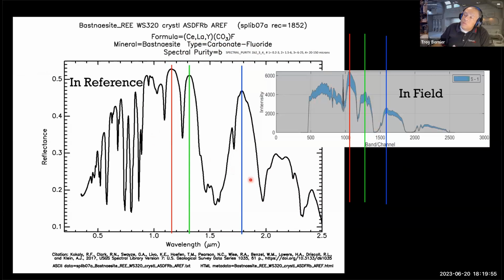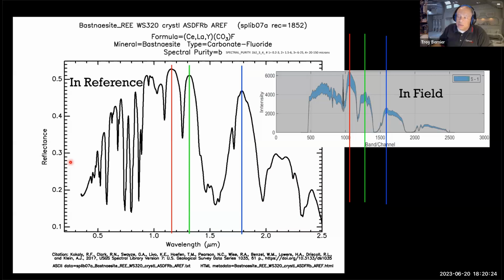So when you take a hyperspectral image of that mineral, this one here in particular was acquired, I think, at the site that we're looking at today. But you can see here the spectrum, as it is a continuous spectra. We have a hot spot here, we have a hot spot here, and we have a hot spot here.